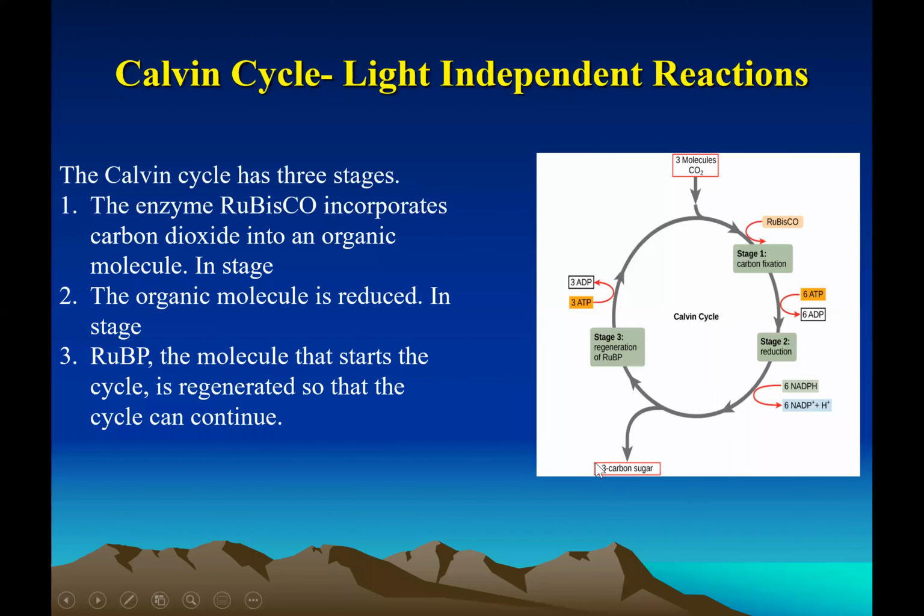In general, most of the plants you see are called C3 plants because it makes a 3 carbon compound. And then the cycle continues with the regeneration of ribulose bisphosphate. So that's why it's called a cycle. It goes round and round. Carbon dioxide enters and sugars come out. So 2 3 carbon compounds will combine to form a 6 carbon compound.